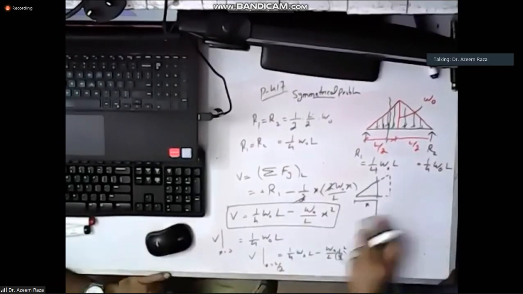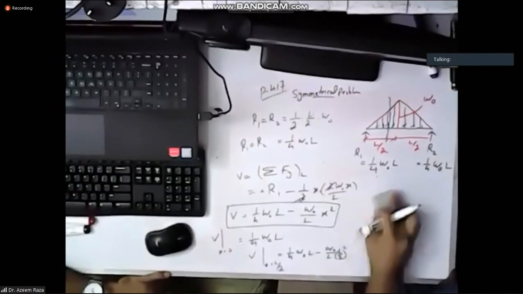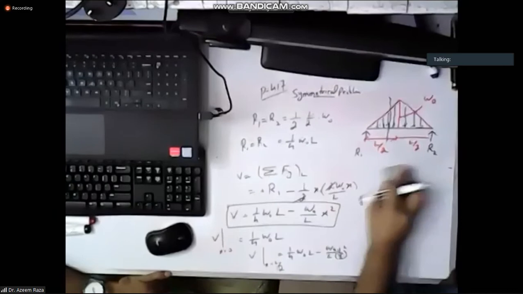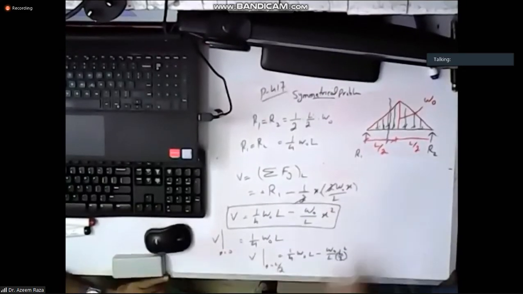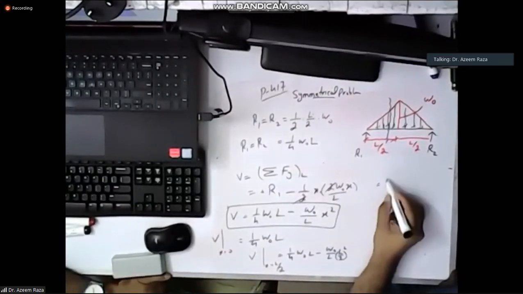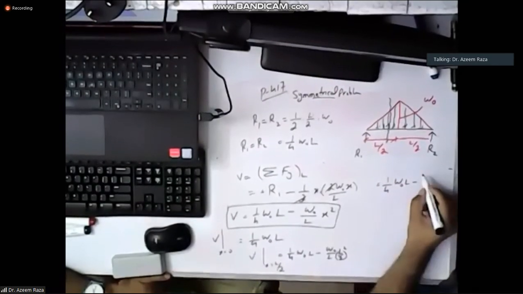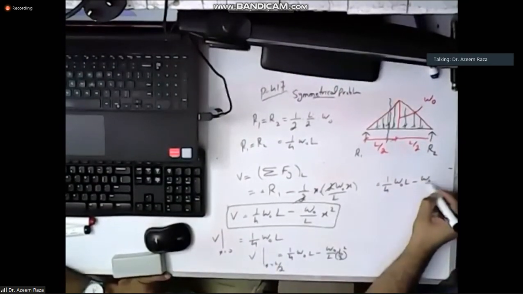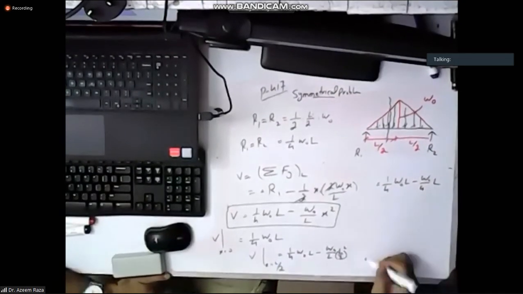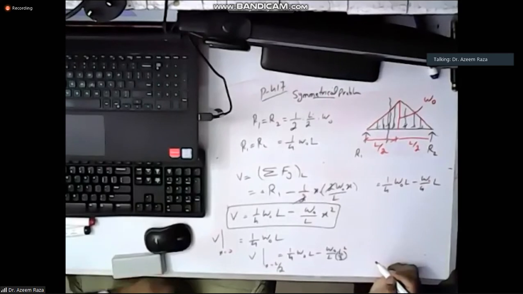Let me erase all this. So this would become 1 over 4 W naught L minus W naught L over 4. Same. So they'll become 0 in the middle as well.